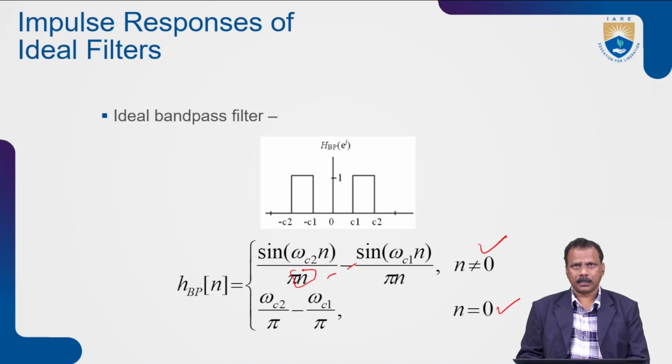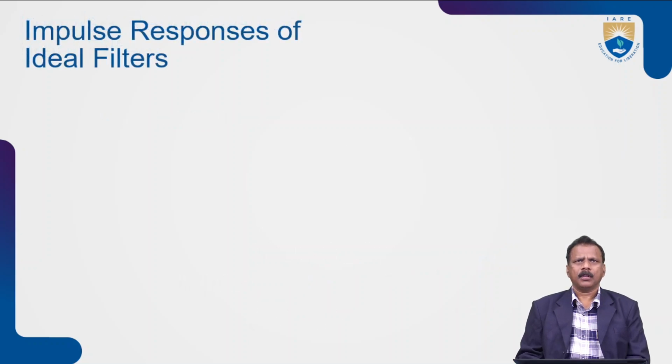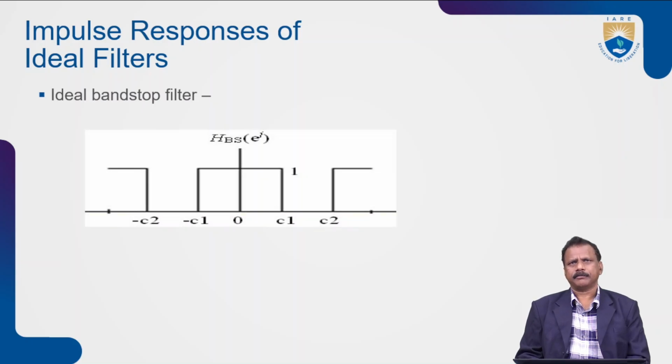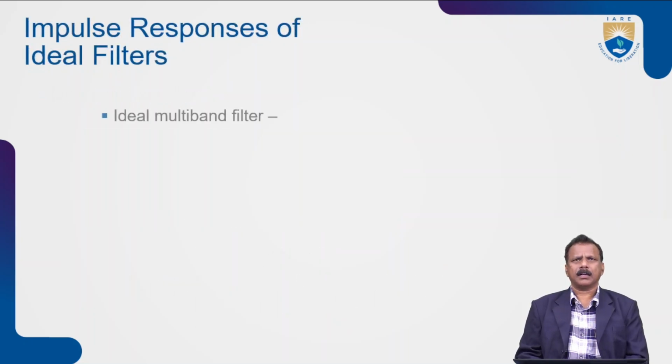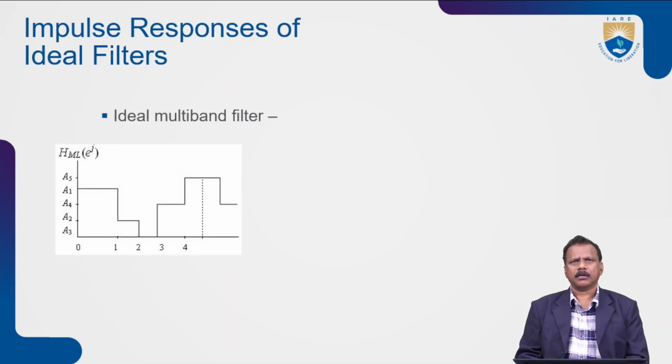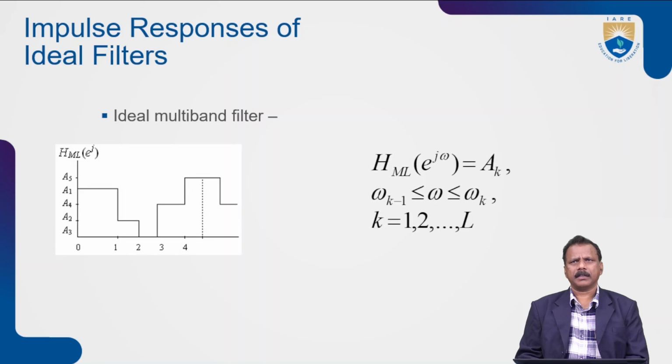Like this, the ideal band pass filter is observed mathematically. Now coming to the ideal band stop filter. Graphically we verify that these mathematical expressions are involved for this case, and for the ideal multiband filter. We can use the multiband filter with the mathematical and graphical representation for designing a FIR filter.